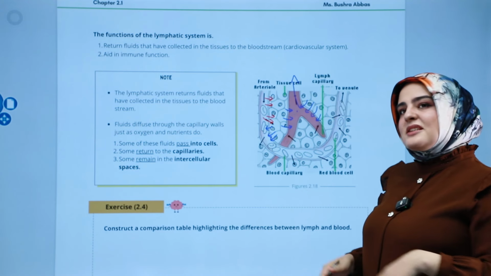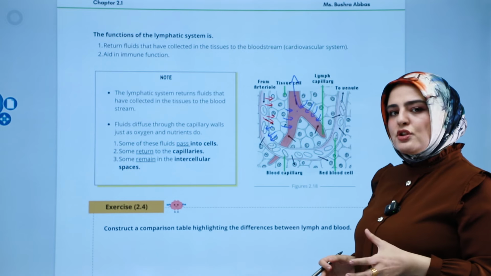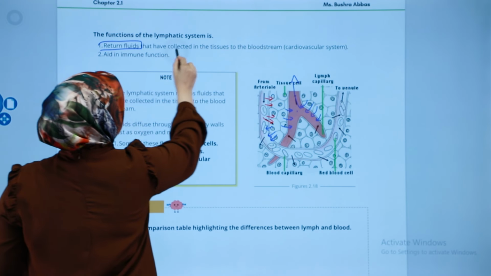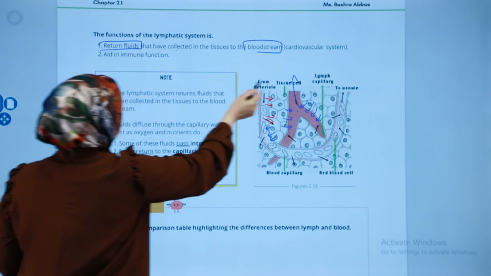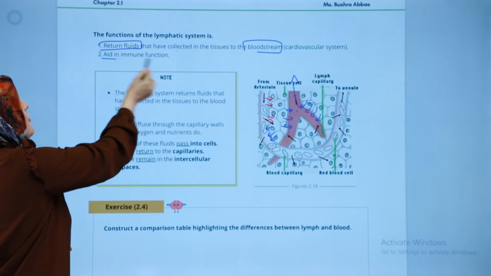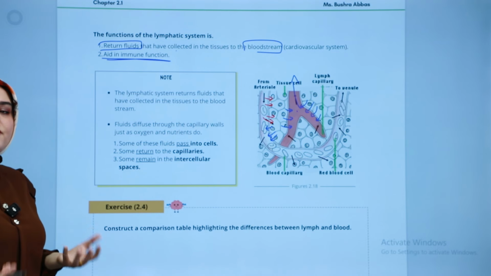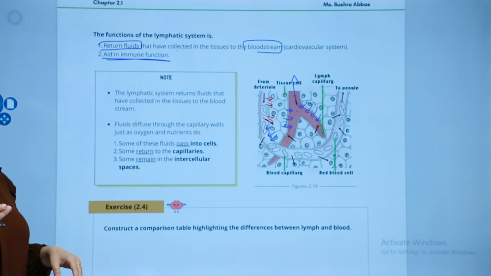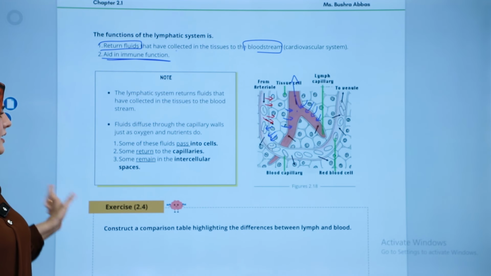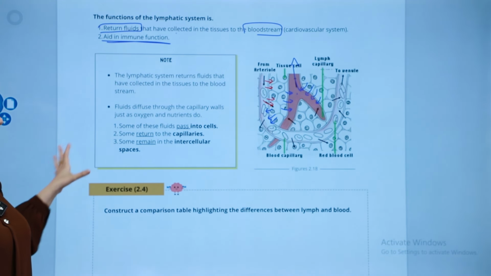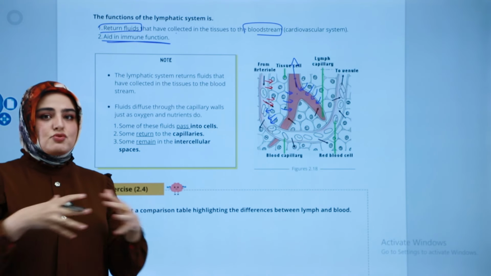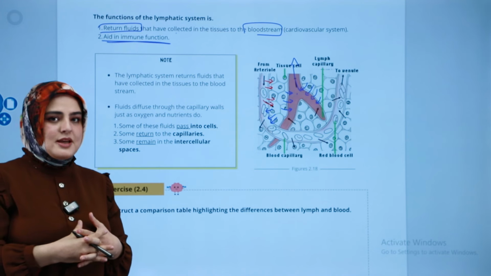So if somebody asks you what exactly the function of this system is, you're going to say it returns fluid and collects it back to the blood so that blood doesn't lose its volume. And of course, it's part of the immune system function. Any microorganism is going to be killed at these checkpoints. All right? This is it about the lymph system. It's very important and so much related to the cardiovascular system.